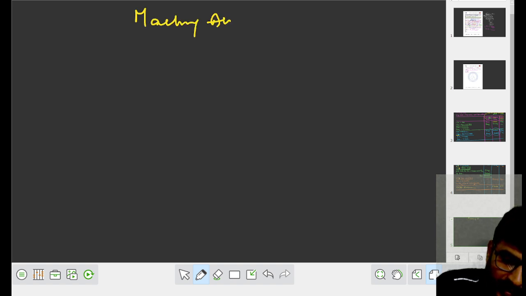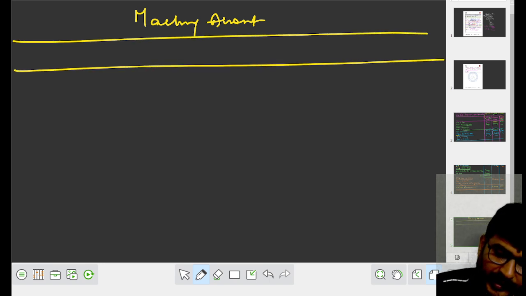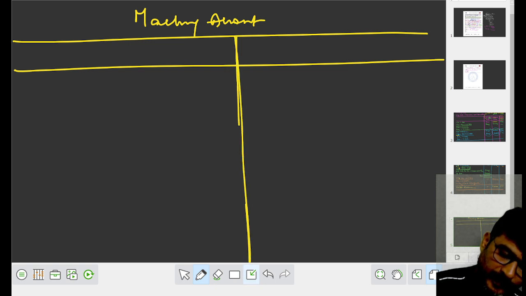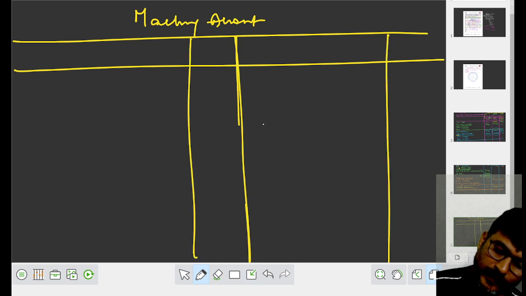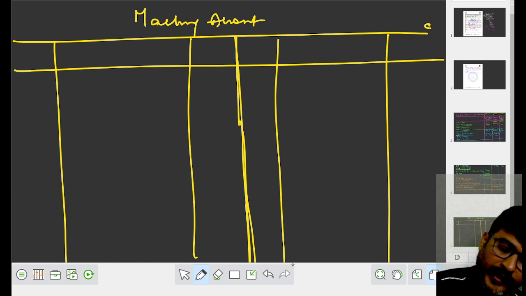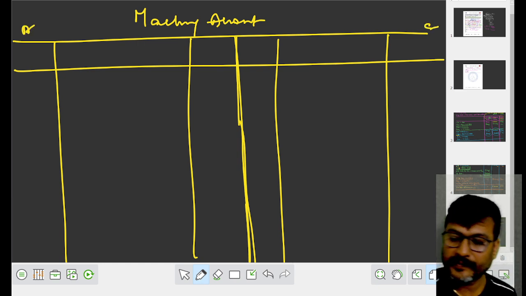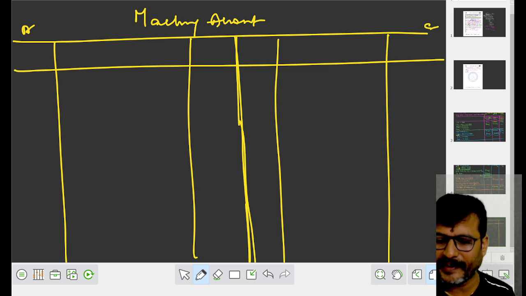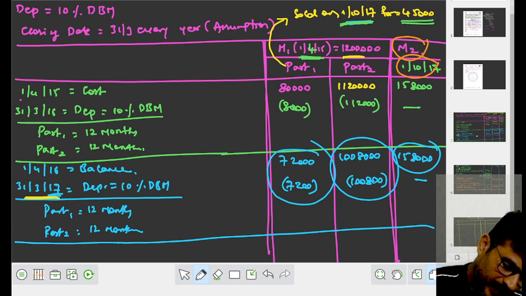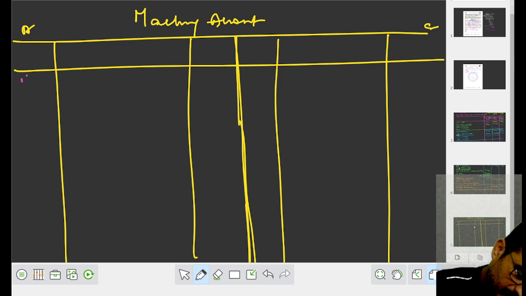Now what accounts do we have to prepare? We have to prepare 3 accounts. In that, machinery account is one among them. Okay, shall we write? For how many years do we have to prepare? 3 years, right? First one, on April 15, purchased part 1 80,000, part 2 11,20,000.